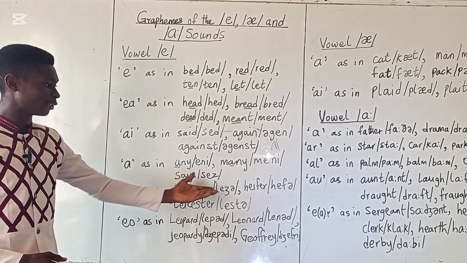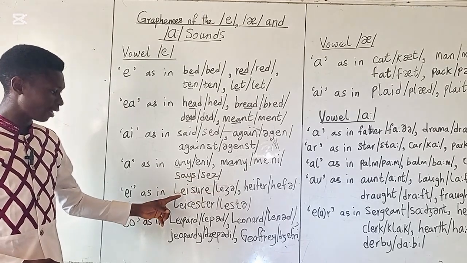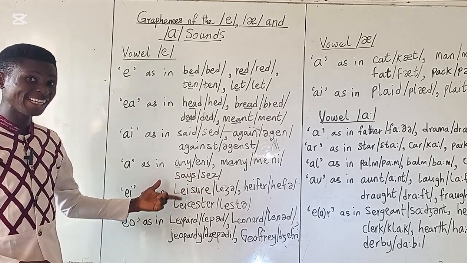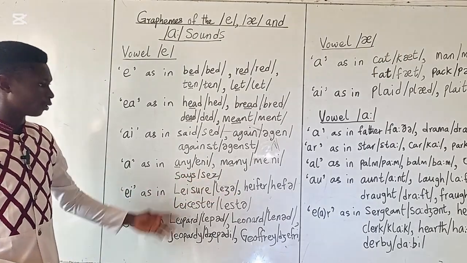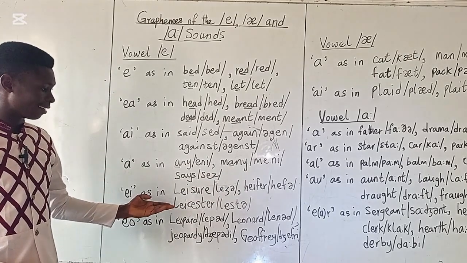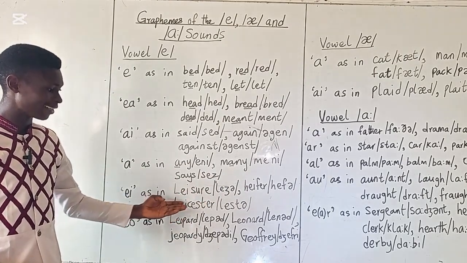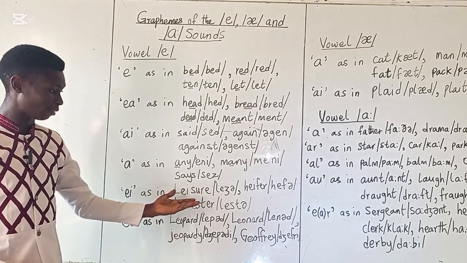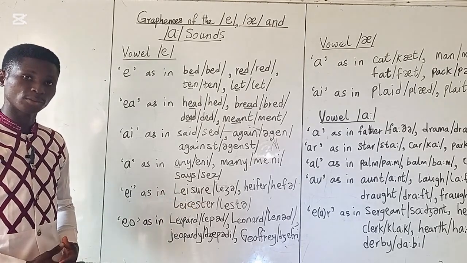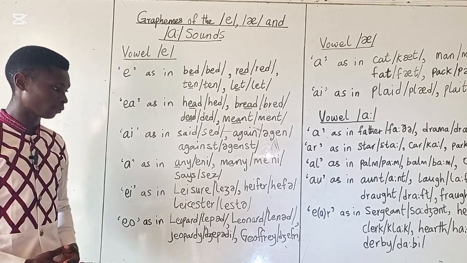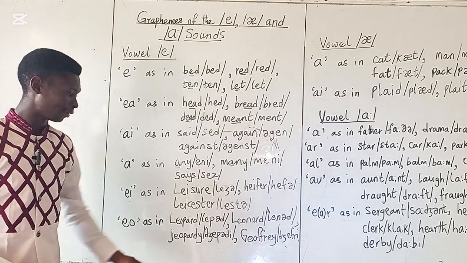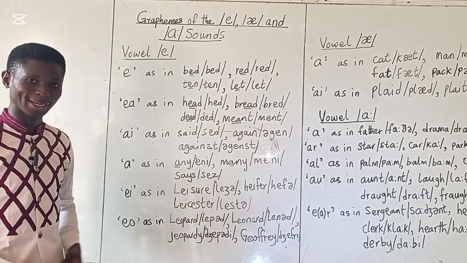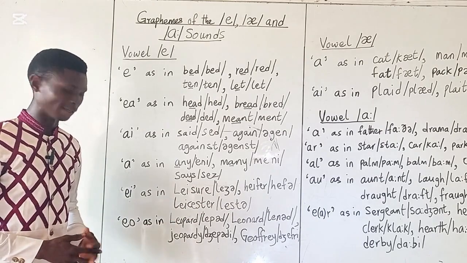We have leisure, leisure. So in place of EI, it is not leisure, it is leisure. Heifer, not heifer. And Leicester, not Leicester. Note the pronunciation of the word, especially the last one. We have two syllables and not three. It's Leicester and not Leicester, as some people will pronounce.